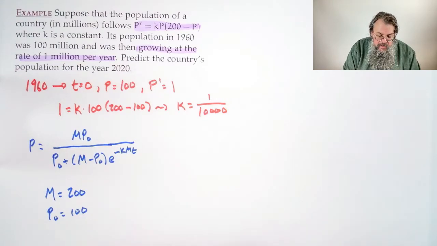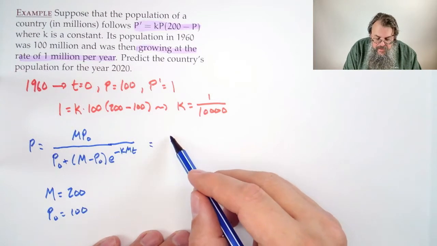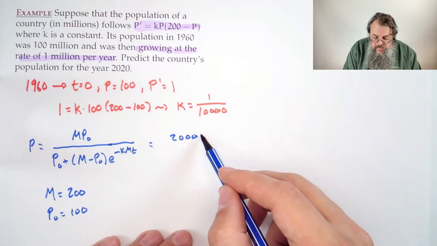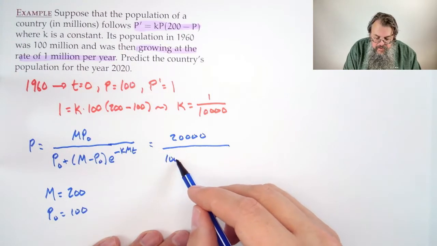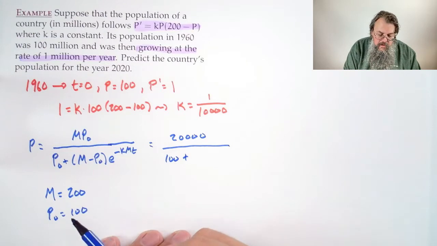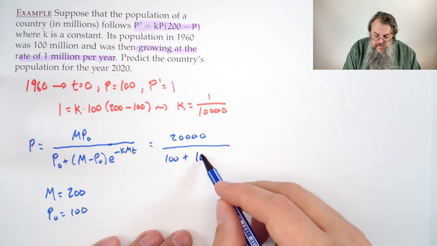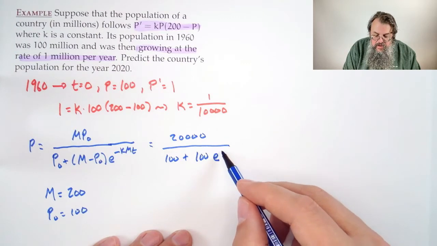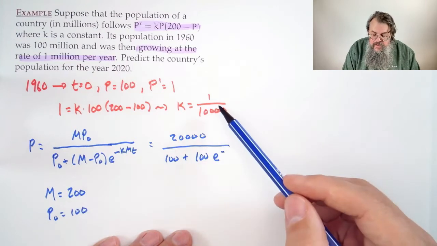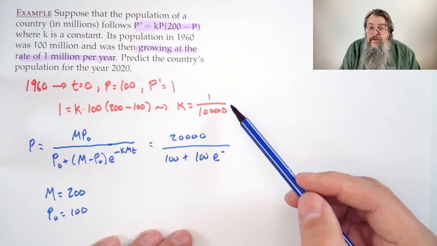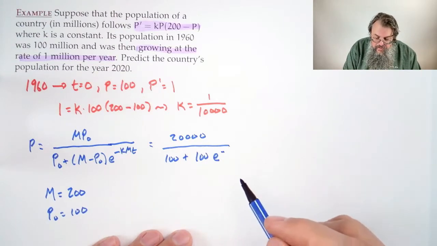So lots of multiplying. We take 200 times 100. Wow, this problem's going to have a lot of zeros in it. So that's 20,000 divided by 100 plus M minus P0, which is 200 minus 100. I'll write that as 100 times e to the minus, and now M is 200 and k is 1 over 10,000, so it's 200 over 10,000.